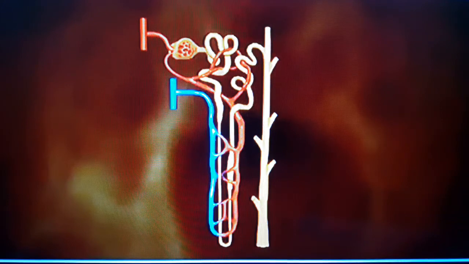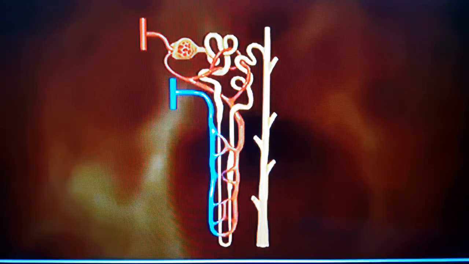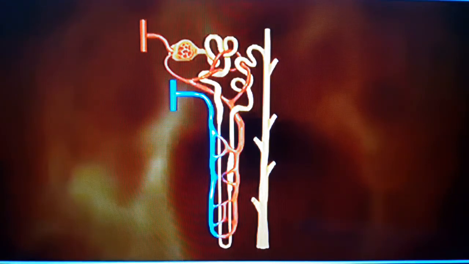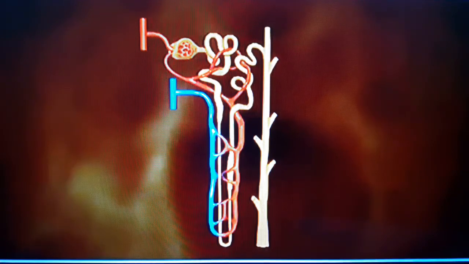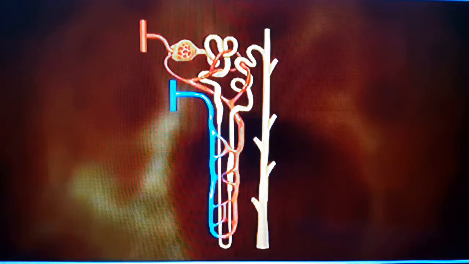Now cortical nephrons have a short loop of Henle, just the opposite. The loops of Henle extend only a short distance. The glomeruli are in the outer cortex; as we already discussed, glomeruli are present in the outer cortex region, the renal cortex. Fourth point: they are more common, making up about 85% of the nephrons in the kidney.